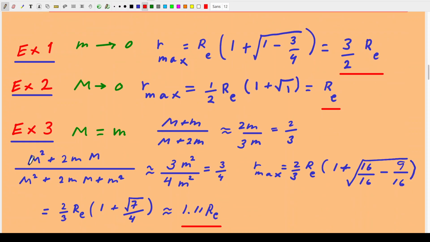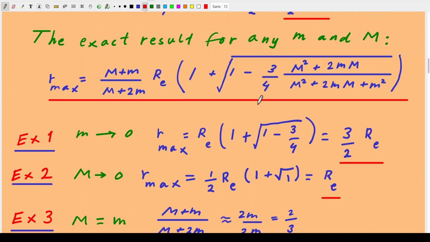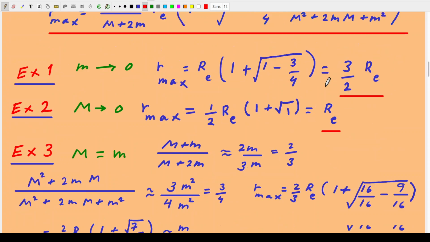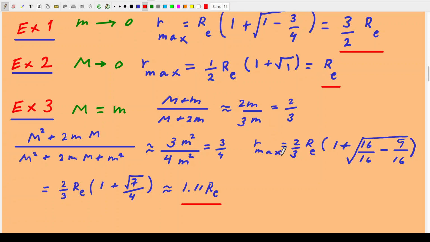So that is 1/3 m squared. And here's 1 plus 2 plus 1, so that's 4m squared. So it's 3/4. So you have 1 minus 3/4 times 3/4. So that will be 9/16.